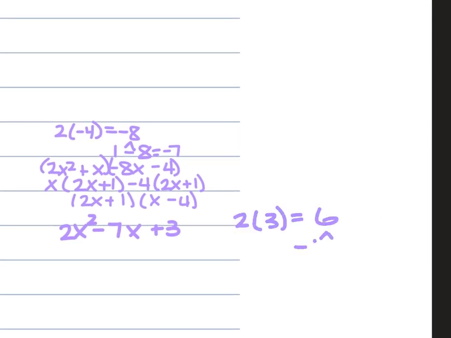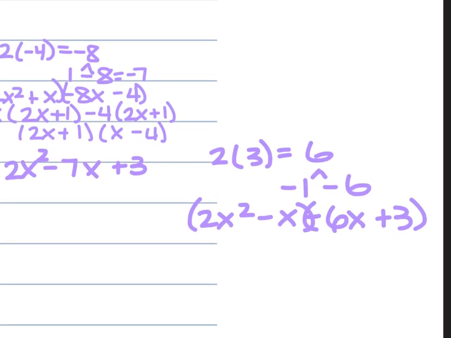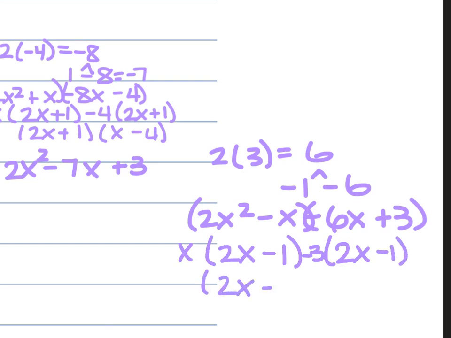The factors of 6 that give us a negative 7 are a negative 1 and a negative 6. So it's going to be 2x squared minus x minus 6x plus 3. So factor by grouping. Factor out an x, you have 2x minus 1. And factor out a negative 3 on the second, you're going to have 2x minus 1. So this is going to be 2x minus 1 times x minus 3.